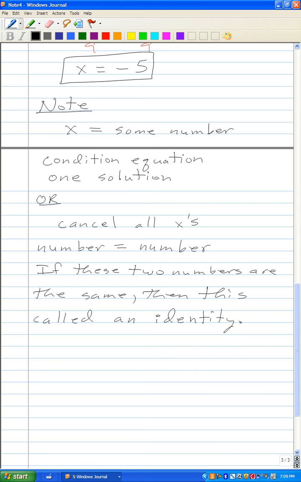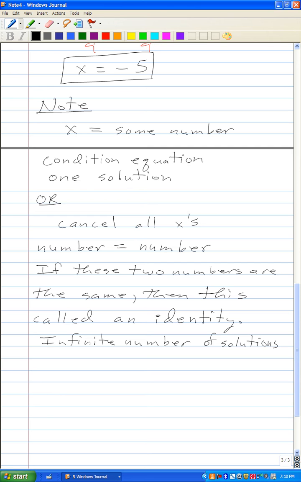It turns out that this will have an infinite number of solutions. And so in general, you'll either have maybe all real numbers or maybe some infinite set of solutions.